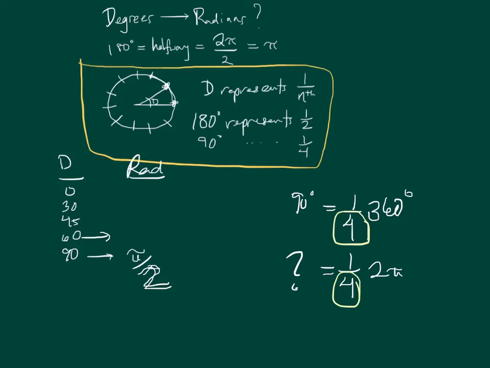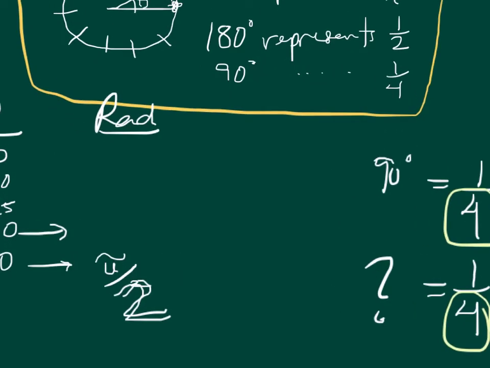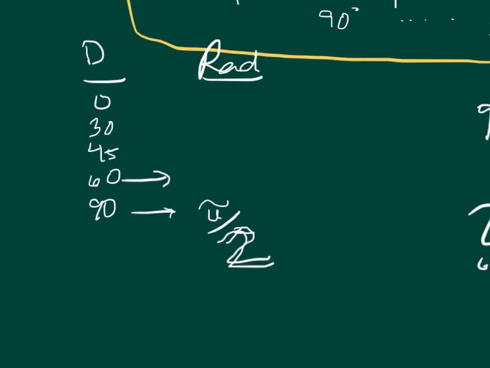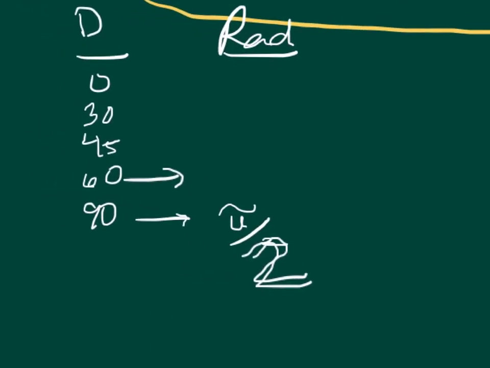What's 60? 60 degrees. Well, how did I figure out 90? The first thing I did with 90 was I compared it to 360, which is 1/4. What did I do with that 1/4?